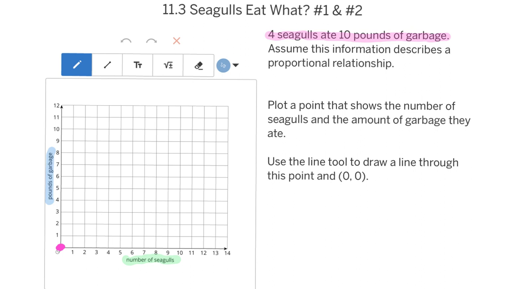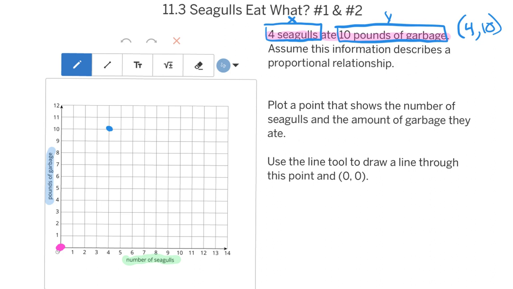So when I'm reading about this 4 seagulls and they ate 10 pounds of garbage, my x variable is the number of seagulls, and my y variable is the pounds of garbage. So that means we're going to have the point 4 for x, 10 for y. So we're going to plot that point. We're going to go over 4 up to 10.